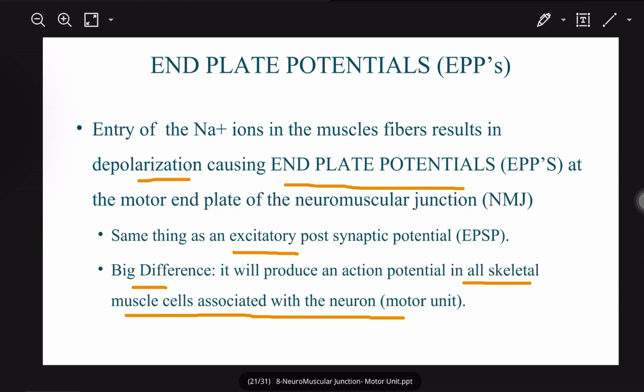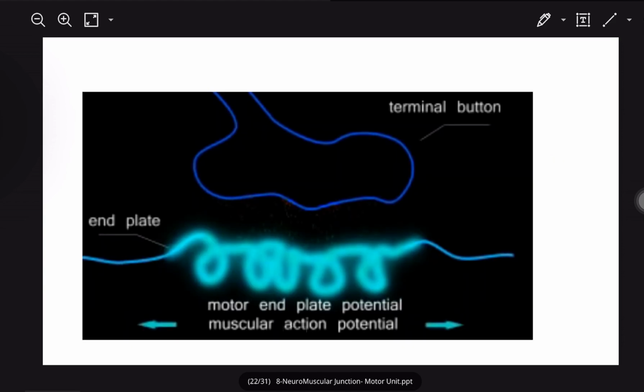So if I have a signal and it reaches excitability, all the muscle will contract, not part or a section of the muscle. All of the muscle associated with the neuron or the motor unit will have a reaction. Whereas when we first talked about the synapse, that's a small section. That's the big difference.